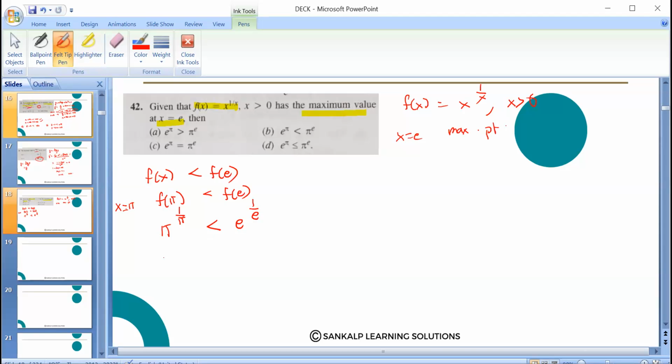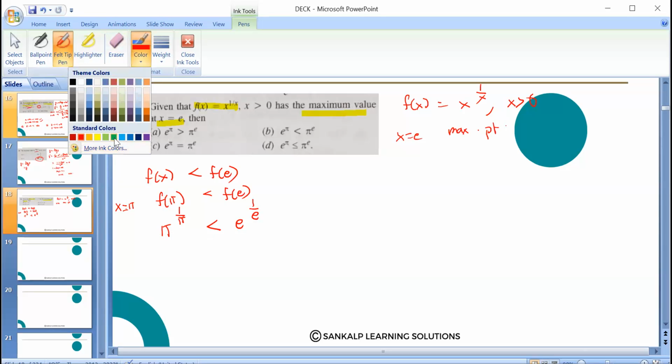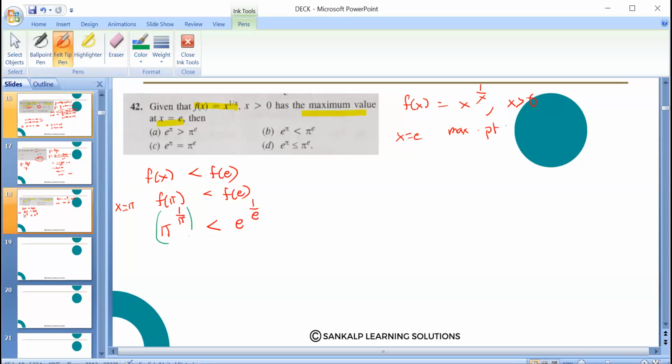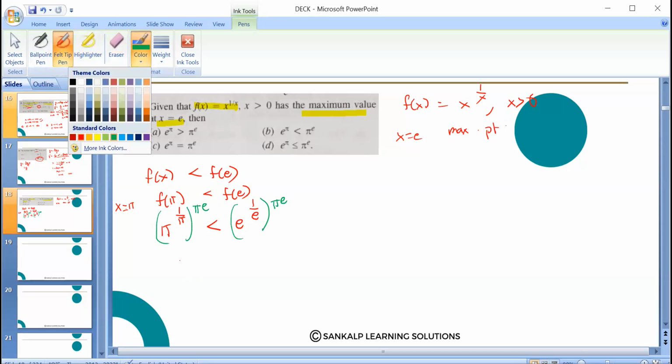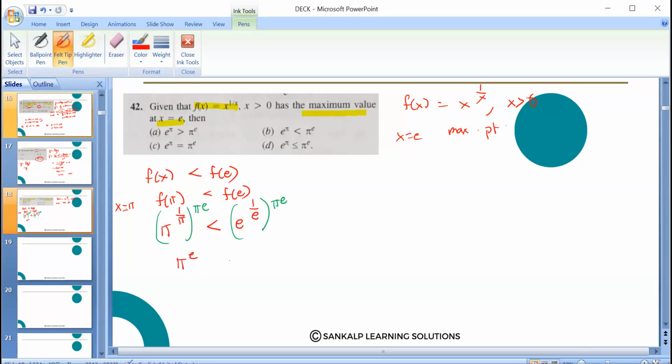Now, on both the sides, in order to get the options, take the power as pi e, the common denominator, on both the sides. Then you will have pi power e is less than e power pi.